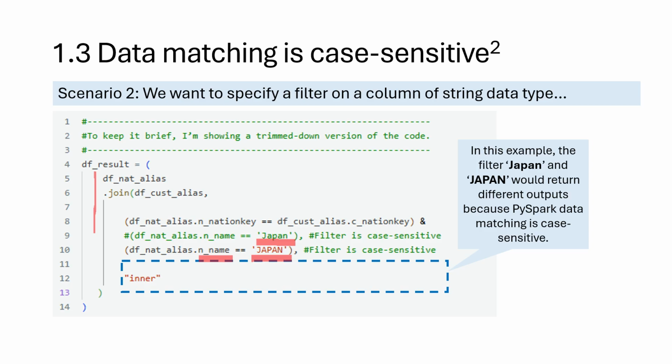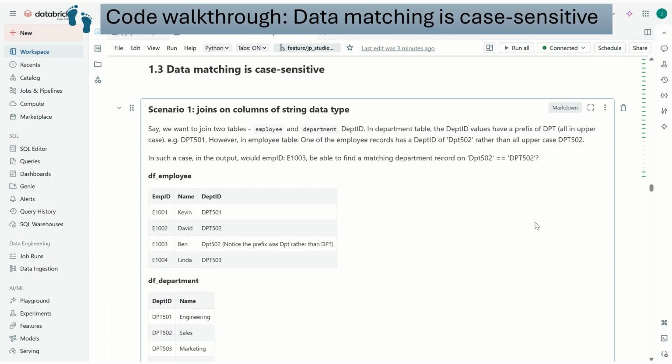Now that we have seen the concepts for scenario 1 and scenario 2 visually, let us jump into the code to see it in action. Let us see the effect of case sensitivity on table joins first. Here we have the employee data frame and the department data frame.